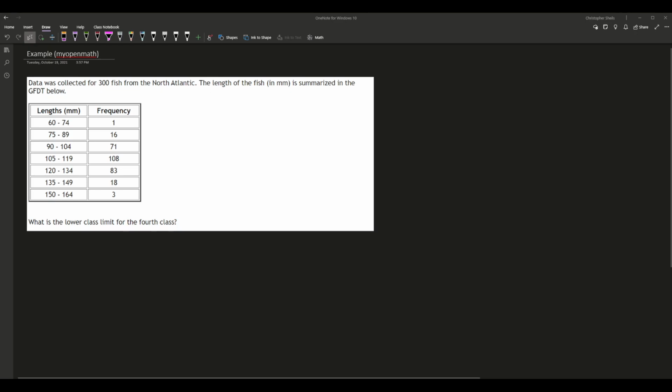And from here, here's an example from my Open Math. This says that data was collected from 300 fish from the North Atlantic. The length of the fish in millimeters is summarized in the GFDT below.